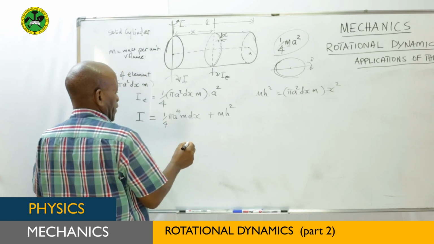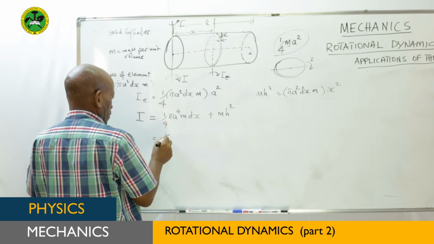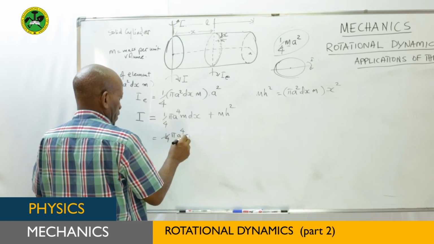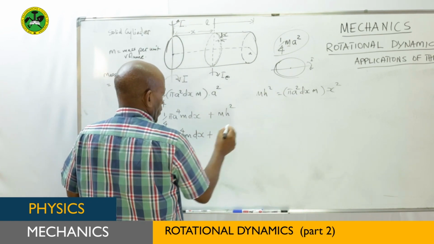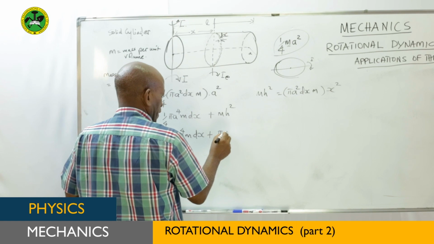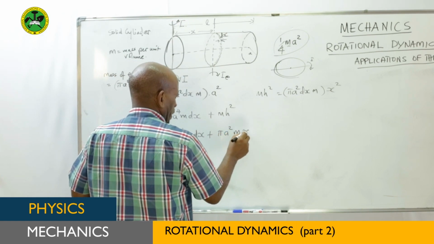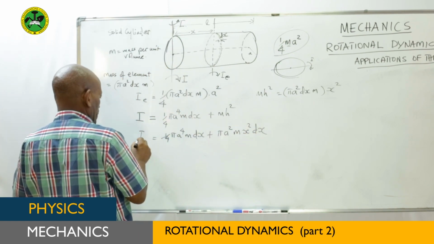So we have 1 over 4 pi a power 4 m dx plus m h squared, which is pi a squared m x squared dx. This is the moment of inertia.